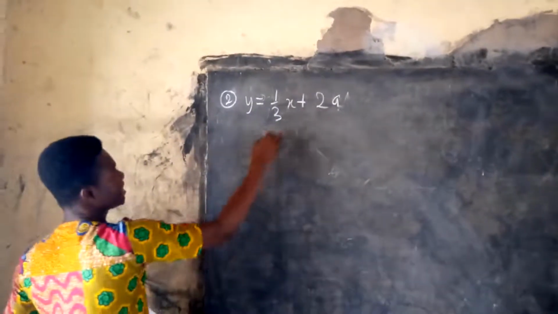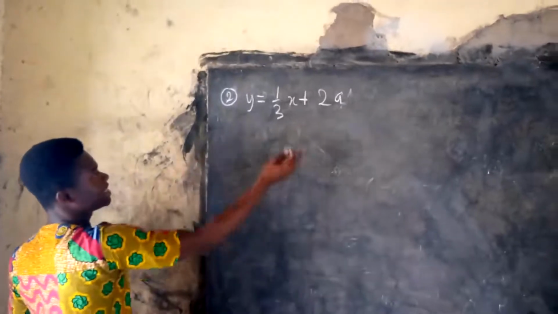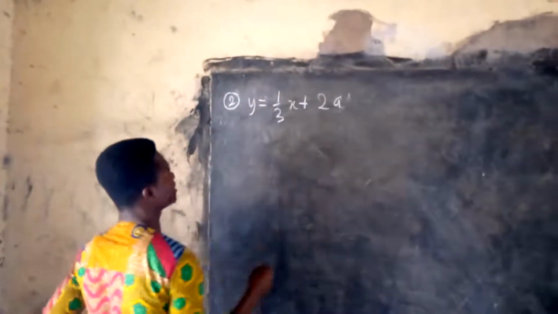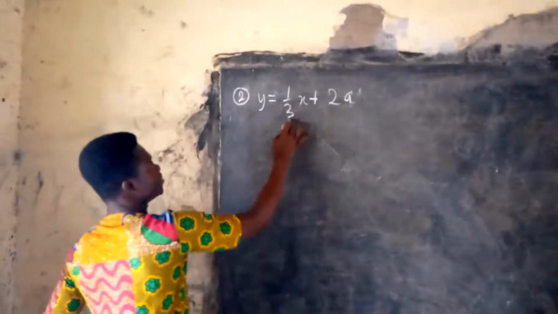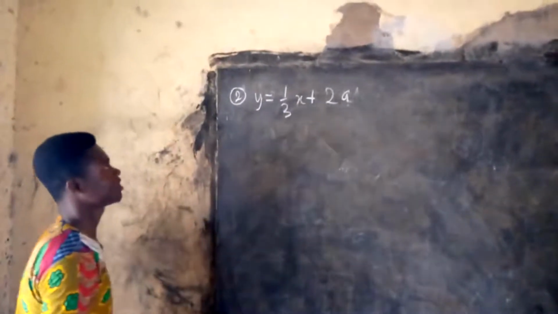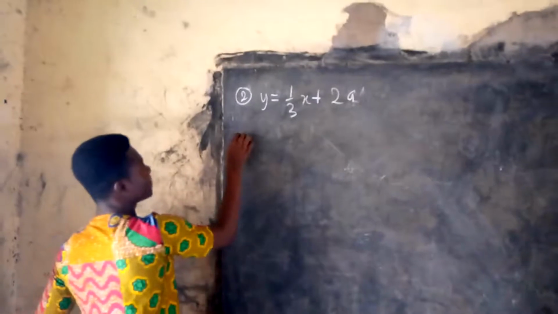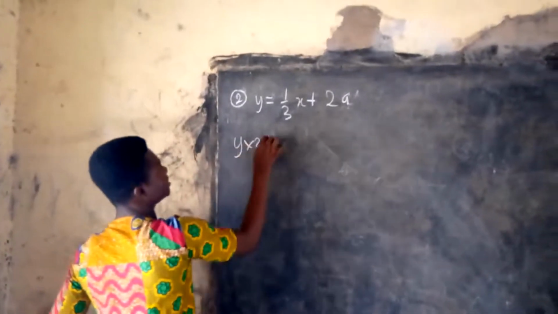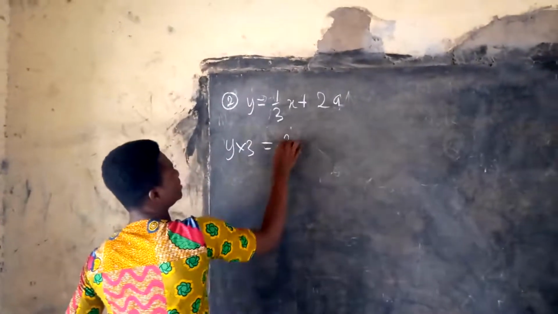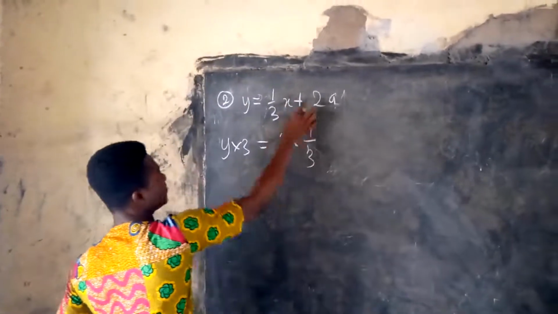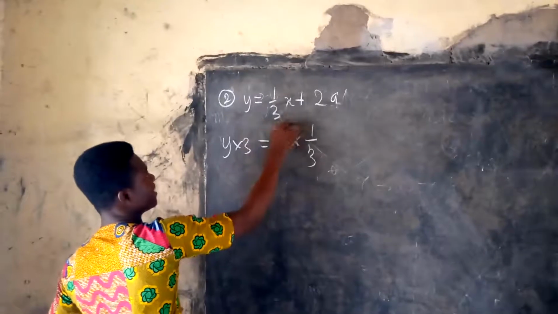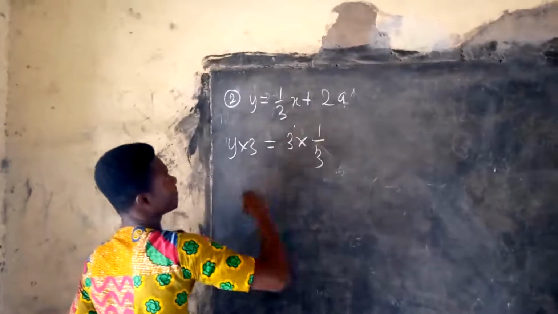So the LCM becomes 3. So multiply the LCM throughout the expression to get your denominator dealt with.